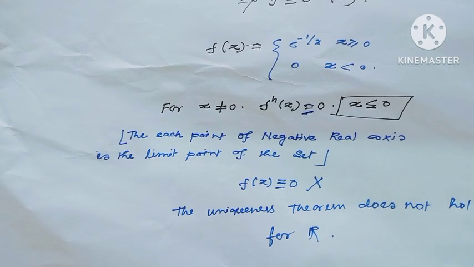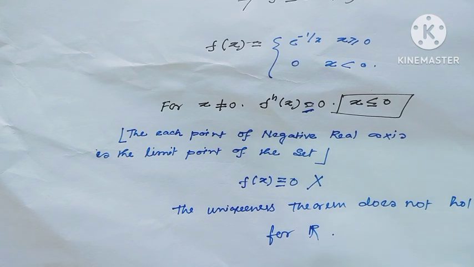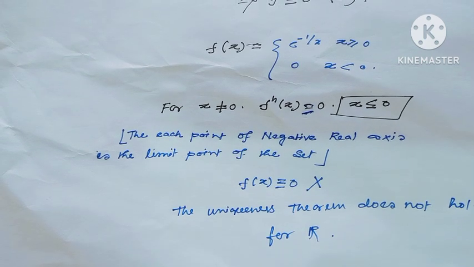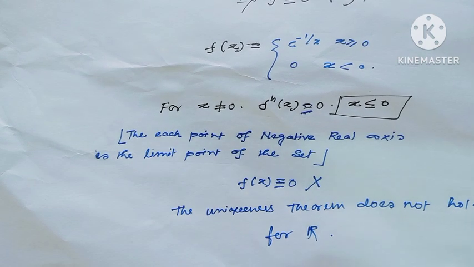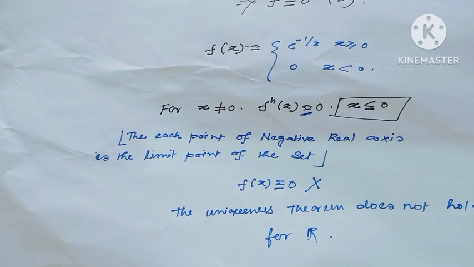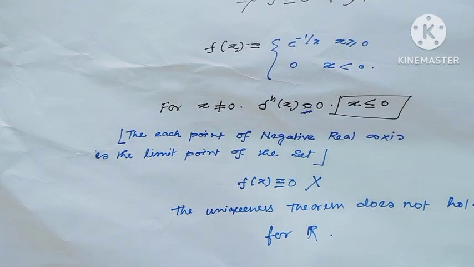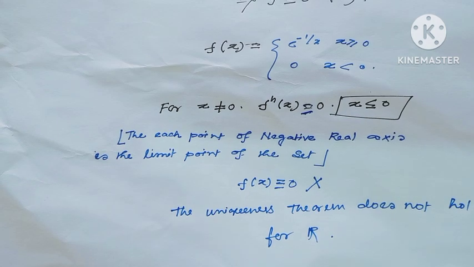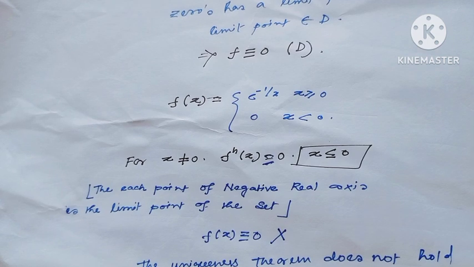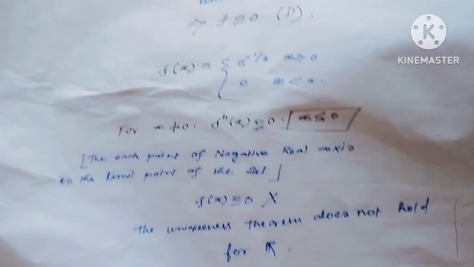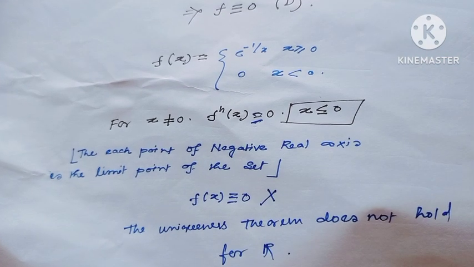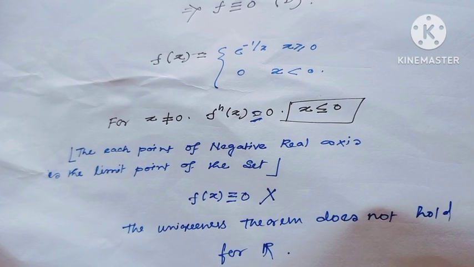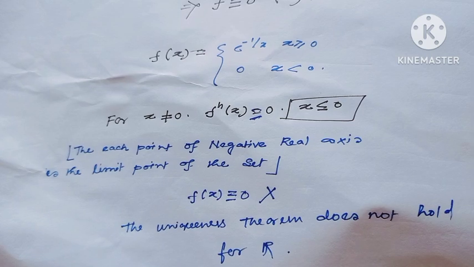All properties of uniqueness theorem have been satisfied here. But since uniqueness theorem does not hold for real line, we cannot tell the function is identically 0. Okay? Well, it means uniqueness theorem is only applicable in complex, not applicable in real.